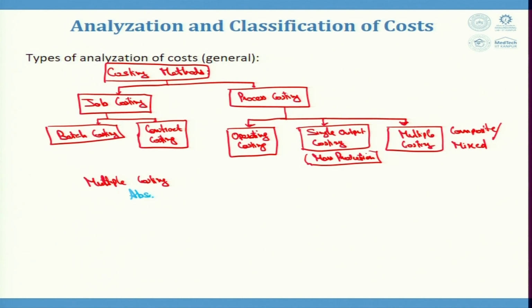Absorption costing. Absorption costing method is one where the cost is based upon the variable and fixed cost to the units. Here break even point is calculated. We are not going into this detail, because this is generally talking about accountancy in general, but here both the fixed and variable costs are there.